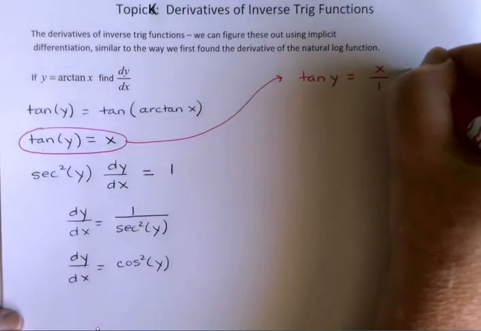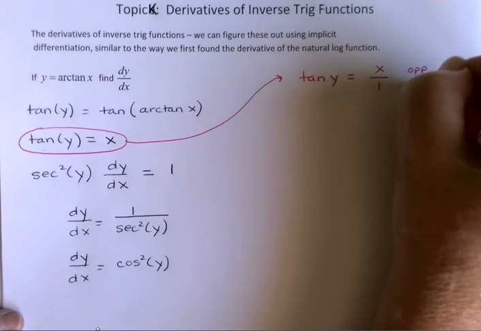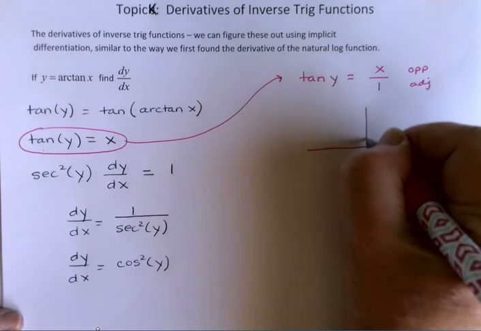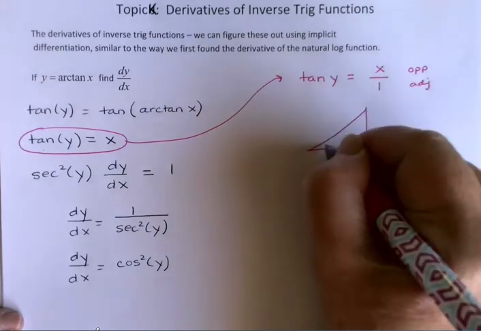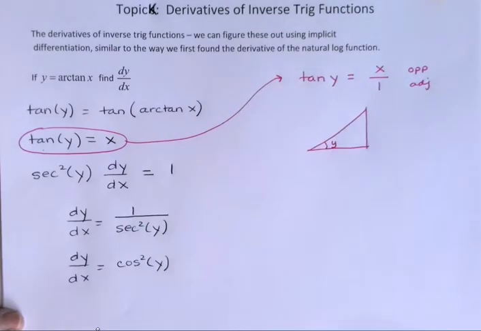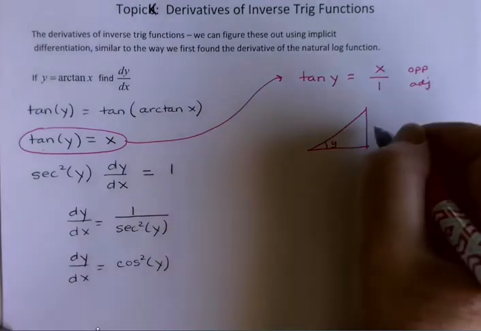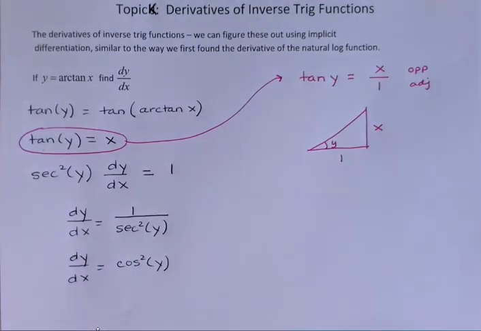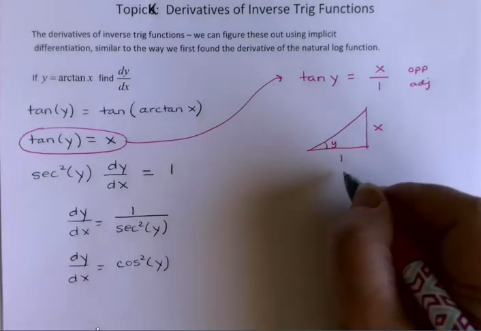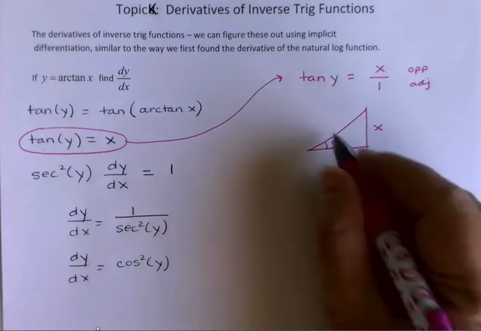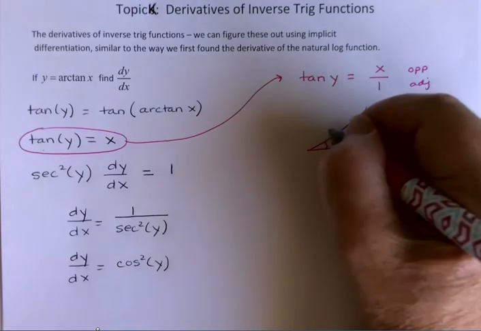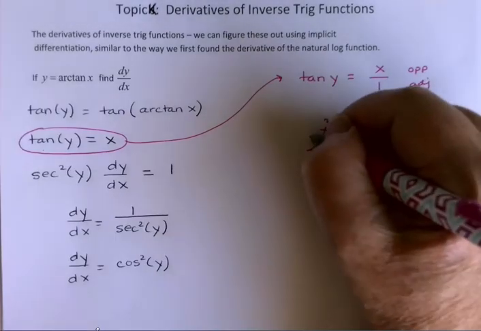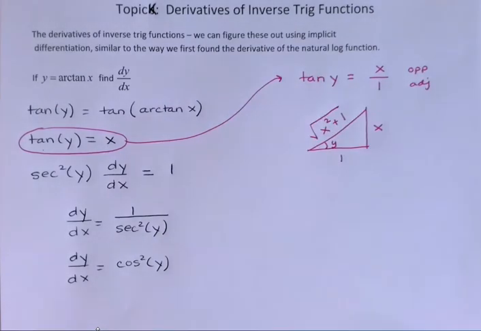Tangent is opposite over adjacent. So I could draw a triangle where my angle here is the angle y, and x and 1 are the opposite and adjacent sides. Notice a little bit of Pythagorean theorem here, and the hypotenuse would be the square root of x squared plus 1 squared, which is still 1.